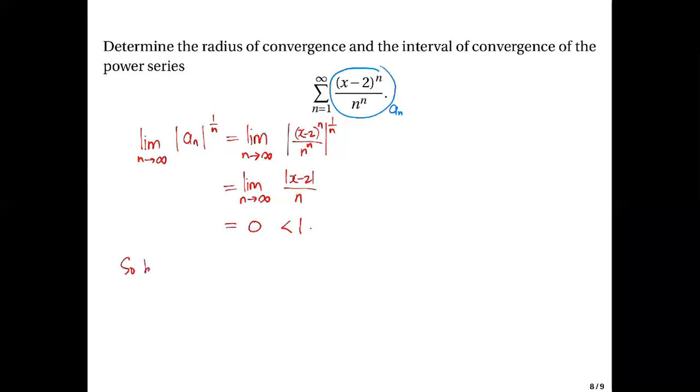Therefore, the series is always absolutely convergent for any x. So by the root test, the series x minus 2 raised to n over n to the n, from 1 up to plus infinity, is convergent everywhere.